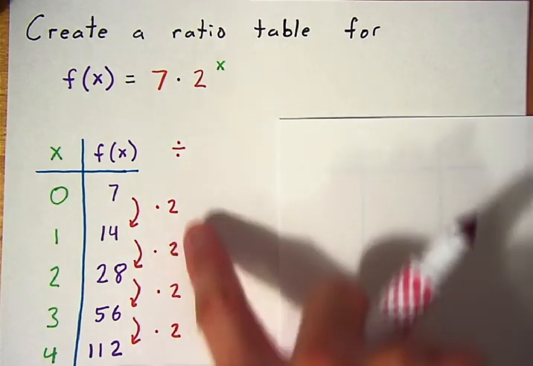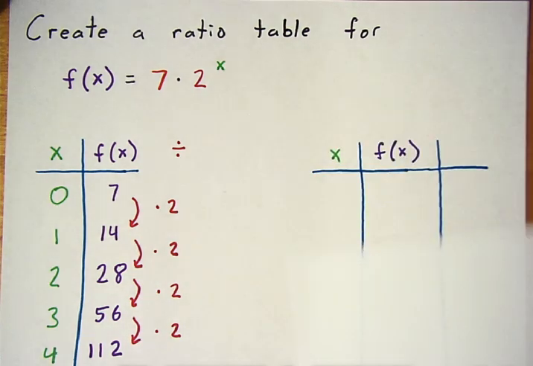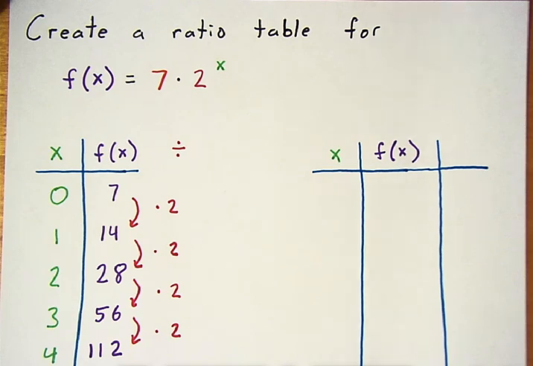Often, instead of having your ratio column listed like this, they'll put 3 columns like this.